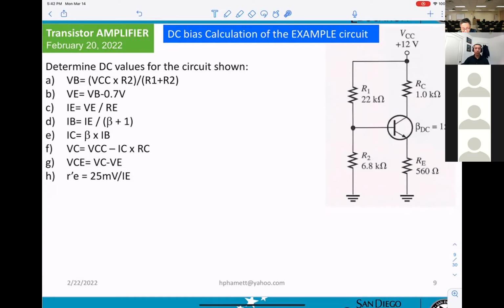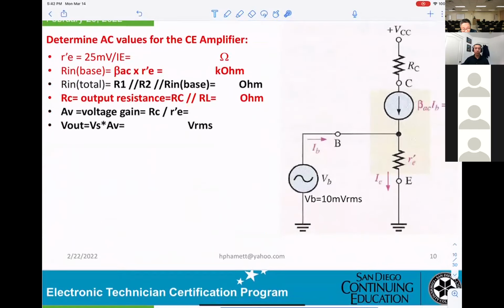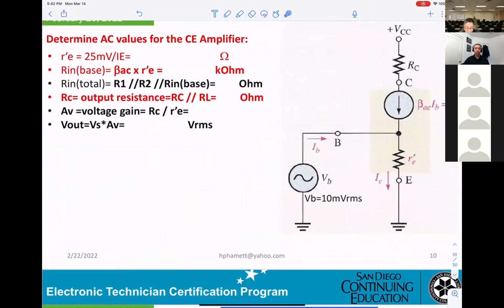So this is basically the calculation you're supposed to do. And now the AC calculation: R in base. That means the resistance from base to the ground, that's what they call R in base. And it will be equal to beta times R prime E. Okay? And also you already have the output resistance.